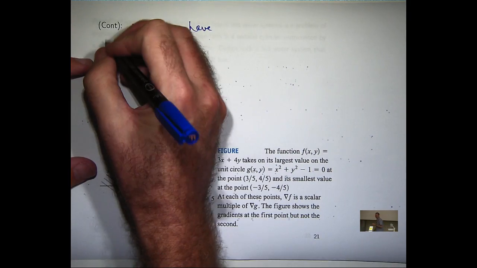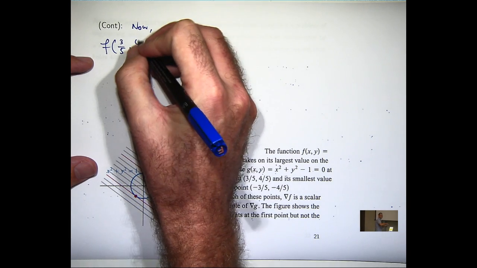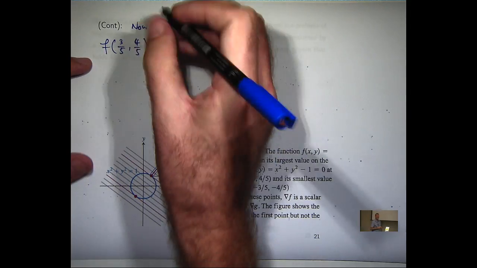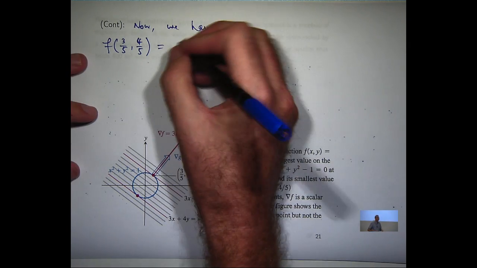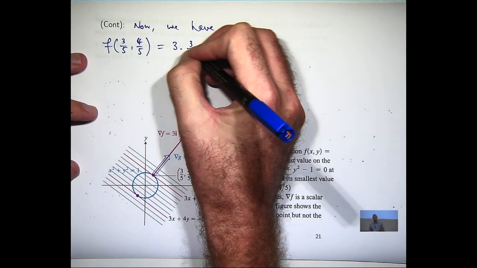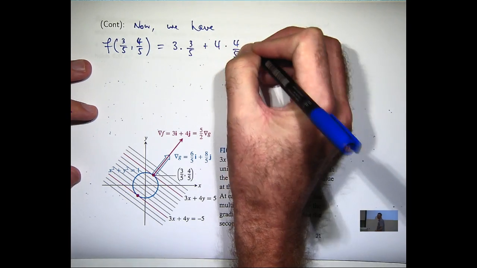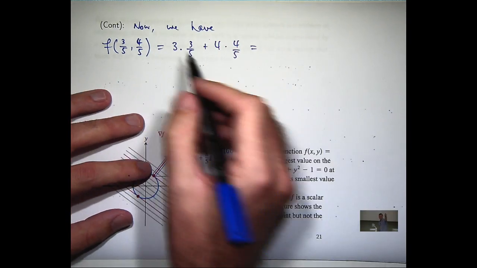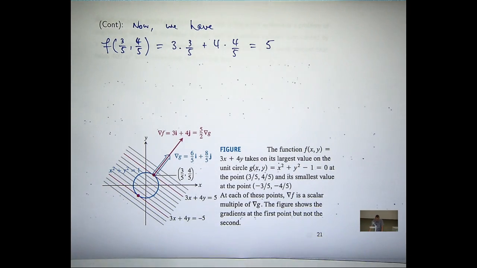Okay, so the value of f at my first point of interest, well, let's just plug that into our function up here. So I'm going to get something like 25 on 5, which is just 5.